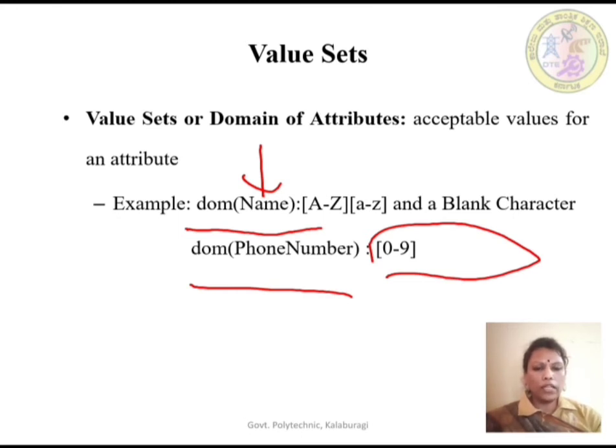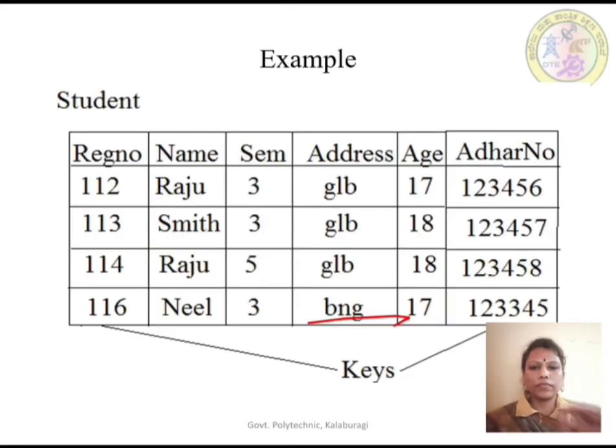So that is the domain or value set. Value sets are nothing but the acceptable values for an attribute. Let's consider this student example once again. What is the domain of register number? The domain of register number here is 0 to 9.